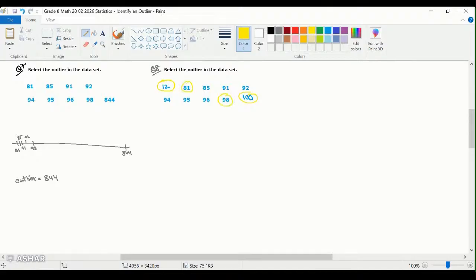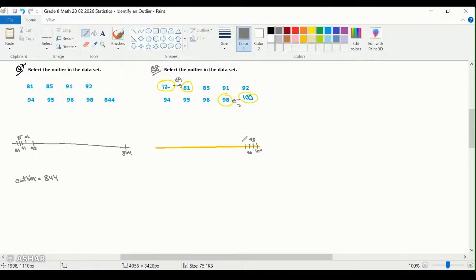The difference between 12 and 81 was 69, and the difference between these two numbers was 2. So which number is not following the pattern? These numbers were very close to each other, right?